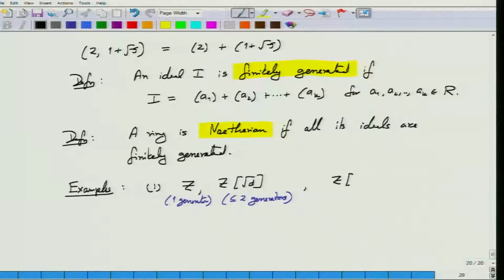How about this? Zx. This will behave exactly the same way as this. See, the square root of D was... So 1 and x are the two natural components, right? Not even 1 and x.